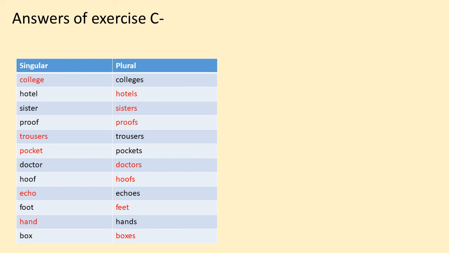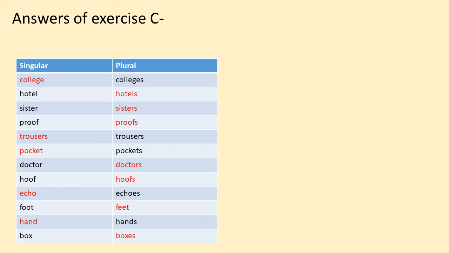Then comes sisters. Proofs. Here I have given trousers. As trousers is already the correct answer, you may put a cross here. Trousers will remain trousers, right?